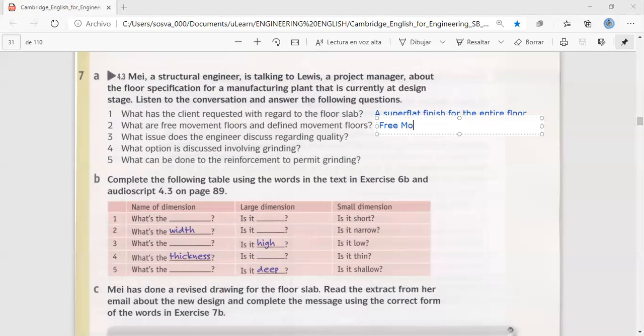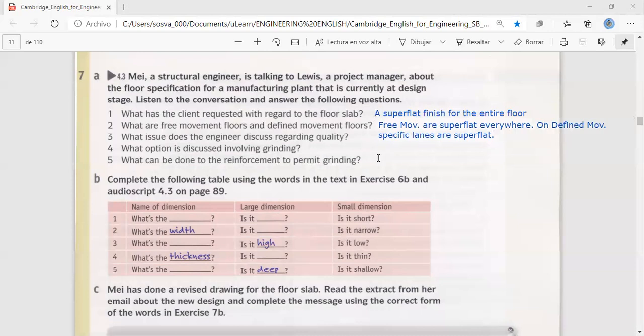The free movement floors are super flat everywhere. That means that the AGVs can move everywhere around. And on the defined movements, they have only specific lanes that are super flat. That means they can only move in those areas, not everywhere. Good. Great.